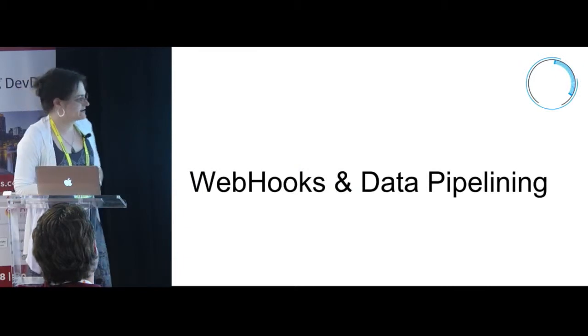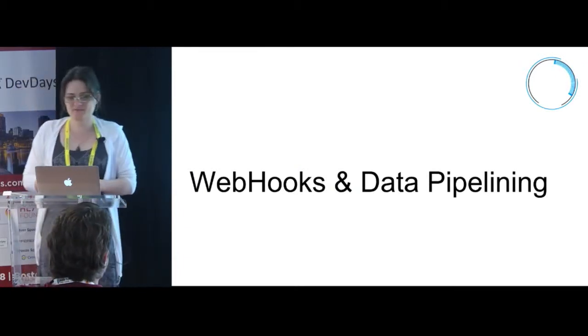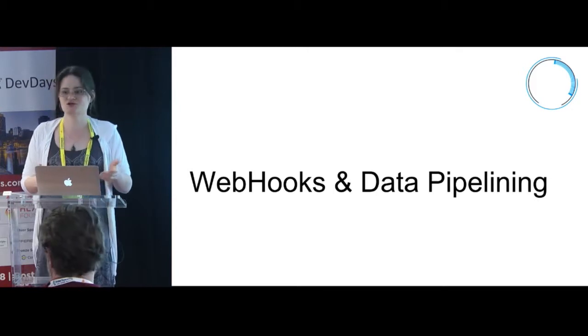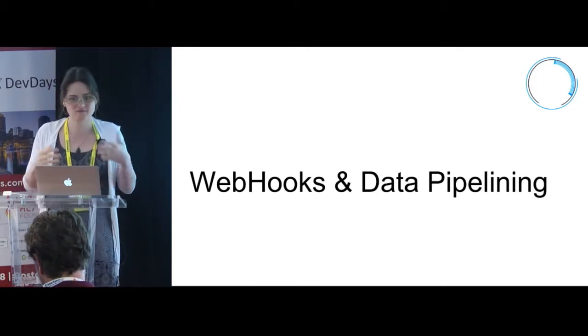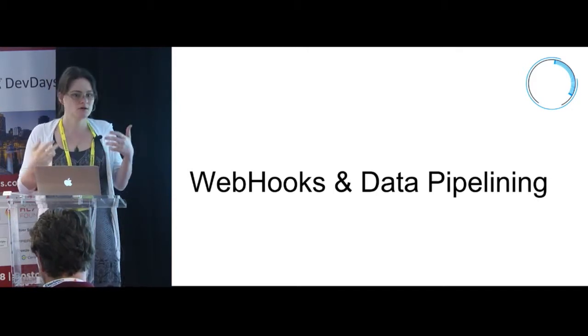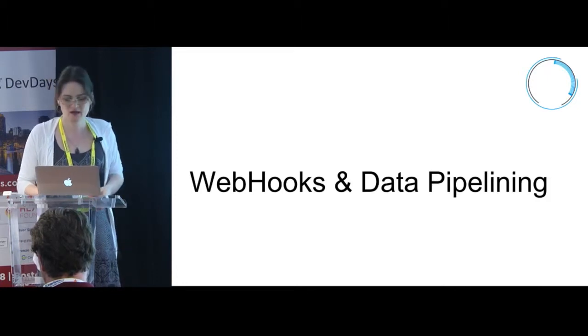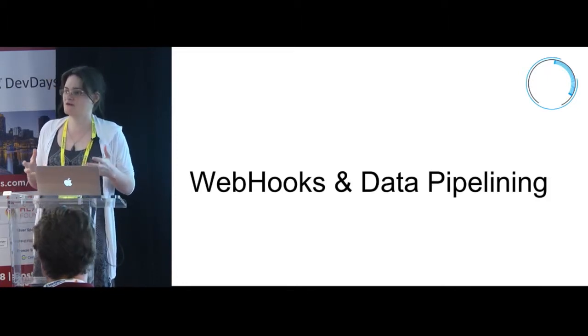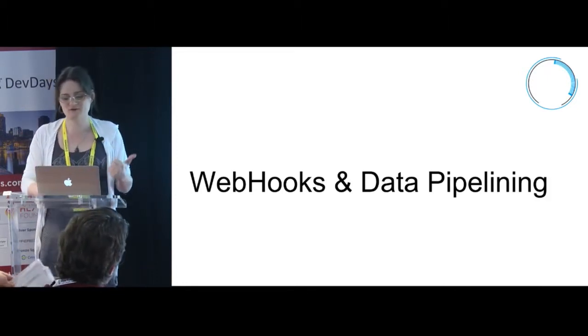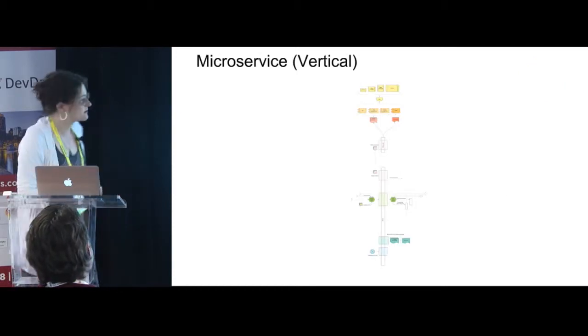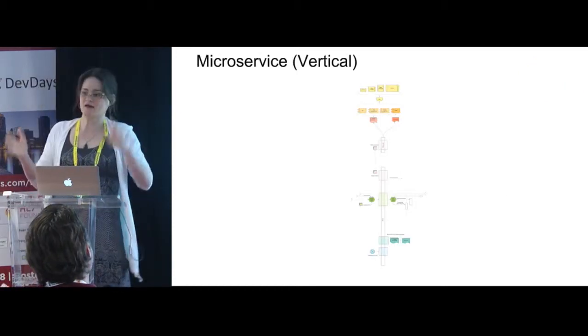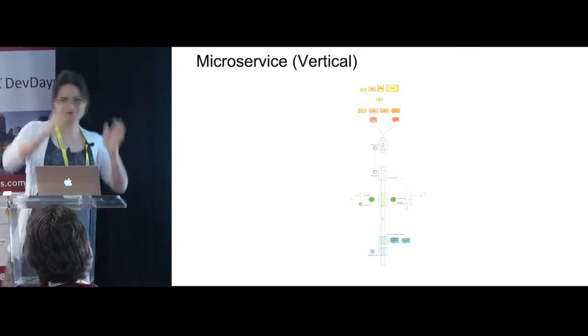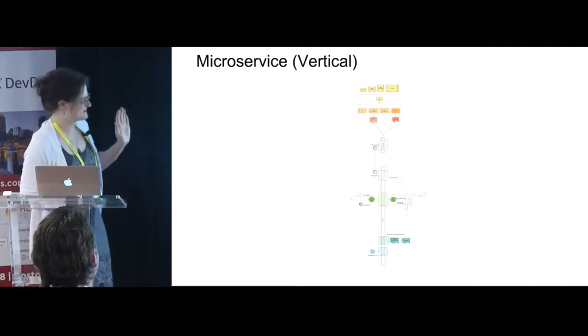So, webhooks and data pipelining. This is not your traditional SQL approach. We have a very NoSQL-centric architecture, so instead of SQL queries, we have to do data pipelining. And what does that look like? We're going to take that diagram for the microservice and rotate it 90 degrees, so it's vertical now.